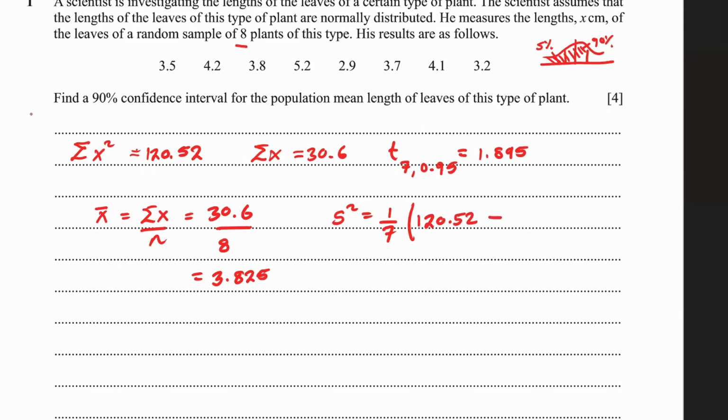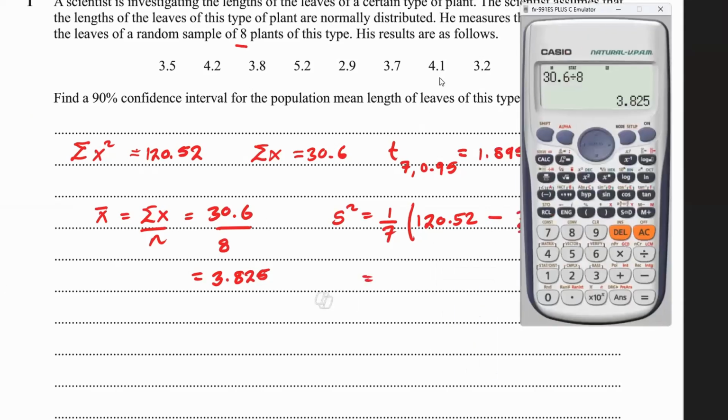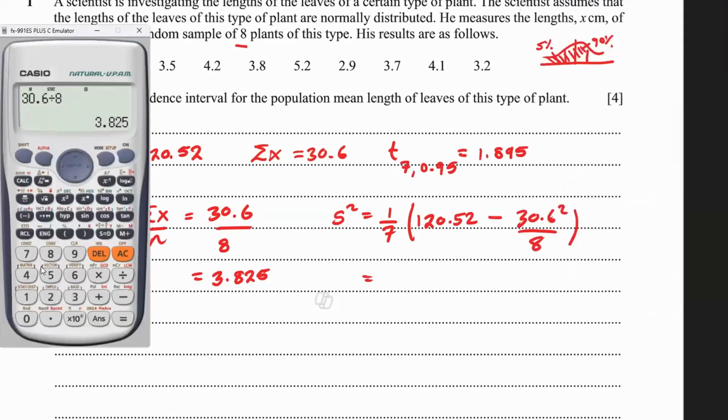And that's minus 30.6 squared over 8. All right, we do the calculation. Okay, let's go to normal mode.